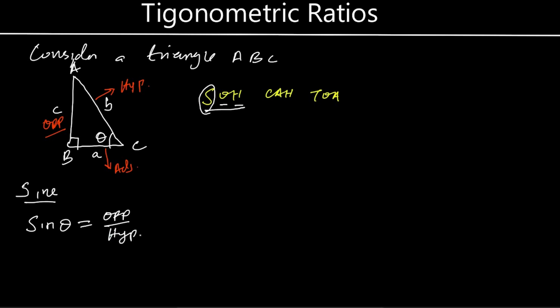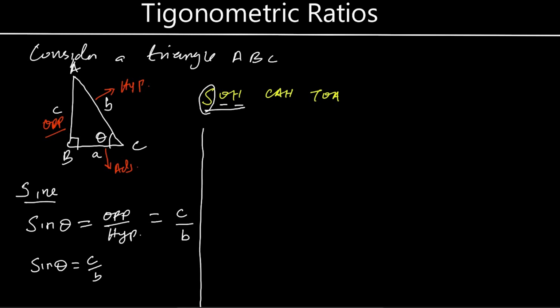And our opposite, according to triangle ABC, is represented by letter C divided by our hypotenuse, which is represented by letter B. And therefore, we can say sine theta is equal to C divided by B.